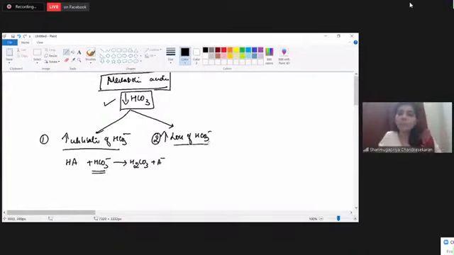Now, when will there be loss of bicarbonate? There are only two routes in which you can lose bicarbonate. One is GIT, the other one is kidney. When will you lose bicarbonate through the GIT? Through any form of diarrhea. When there is diarrhea, the intestinal mucus gets lost, and intestinal mucus is rich in bicarbonate.